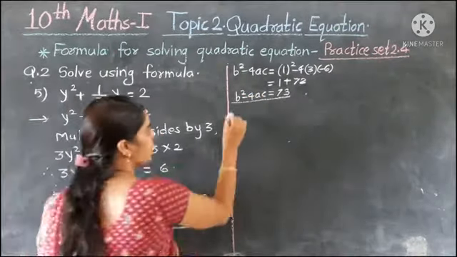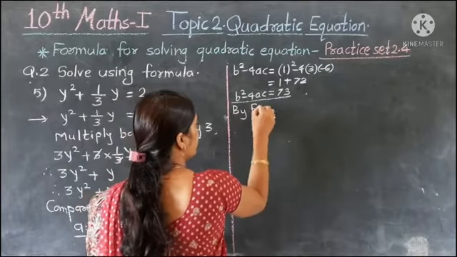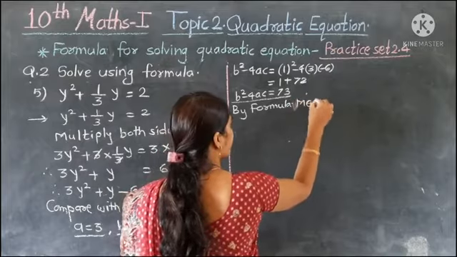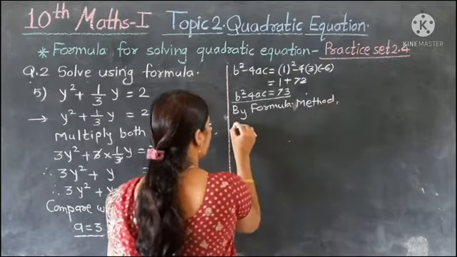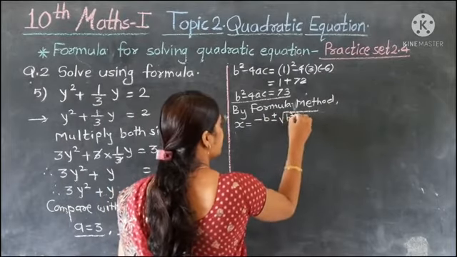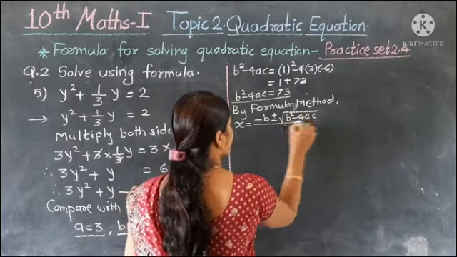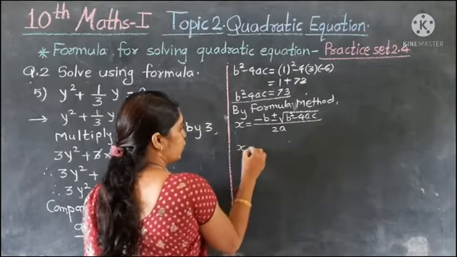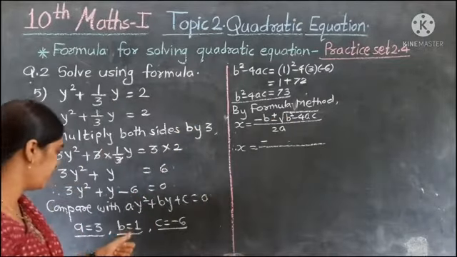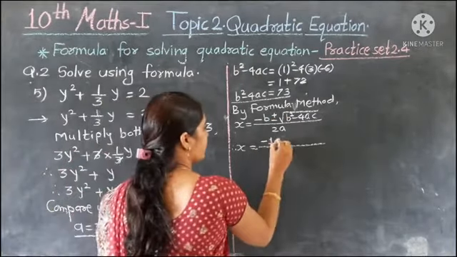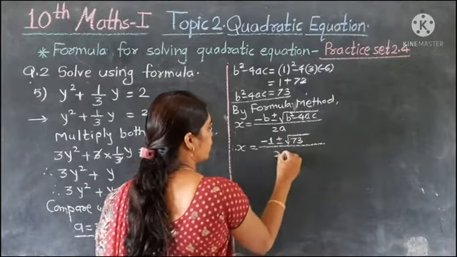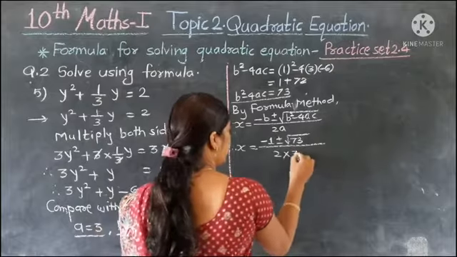Now you use the formula method. By the formula method, you write the formula x is equal to minus b plus or minus root b square minus 4ac upon 2a. Now you put the values: minus, what is the value of b? 1, plus or minus root b square minus 4ac is 73, upon 2 into, what is the value of a? 3.